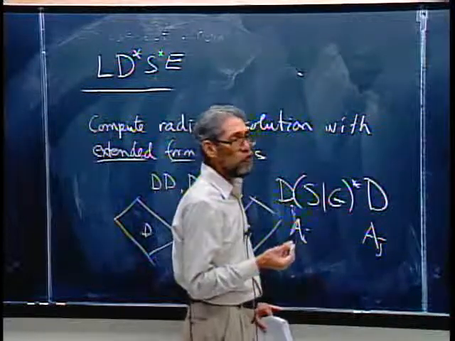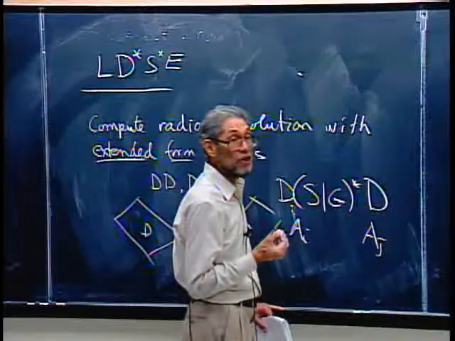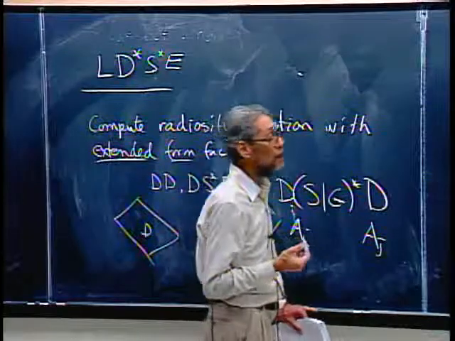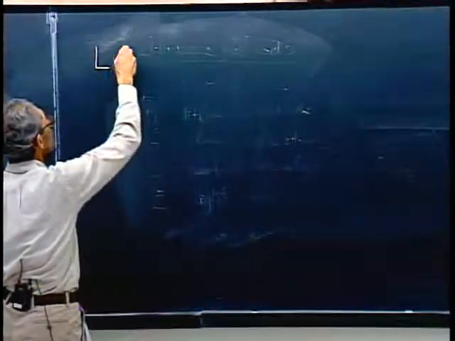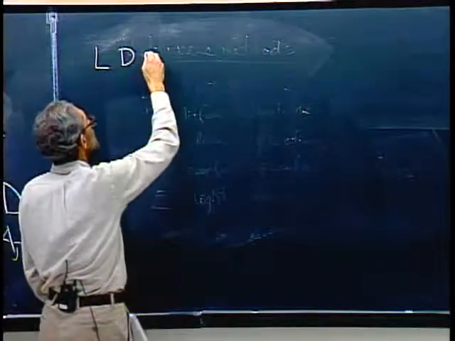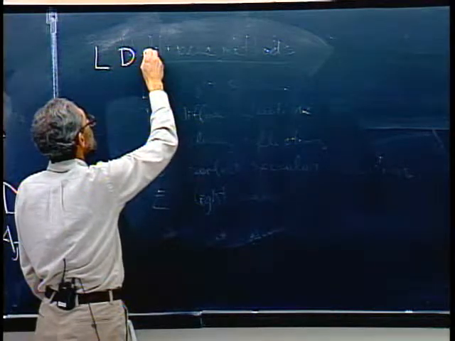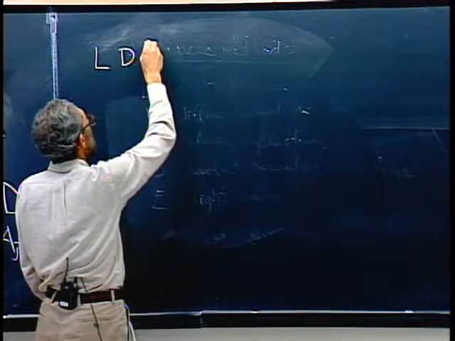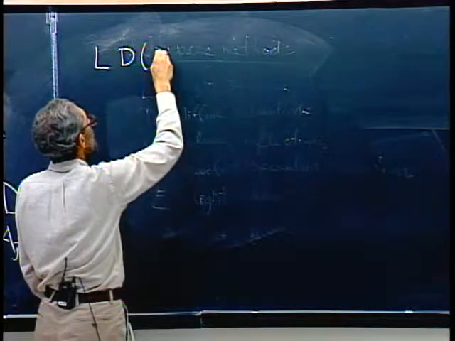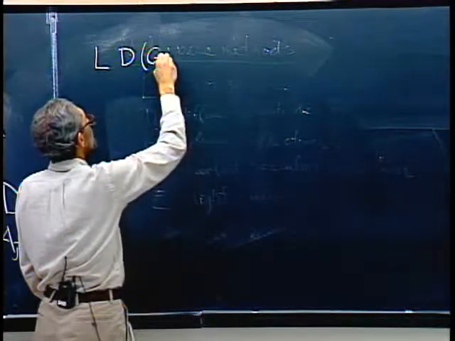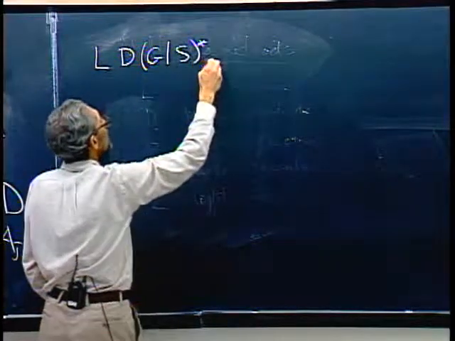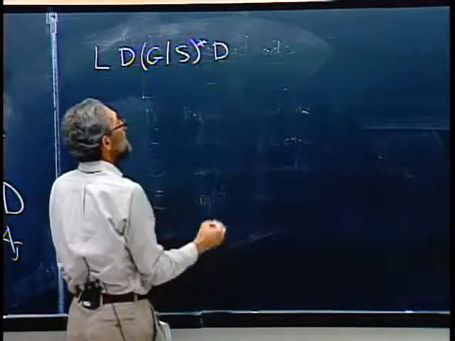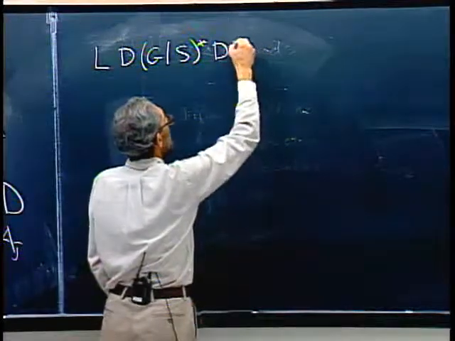And if you use those form factors in a radiosity solution, what that radiosity solution looks like is L, D, I guess what I have is some non-negative combination of G's or S's, and then D, and then to the I. Right?